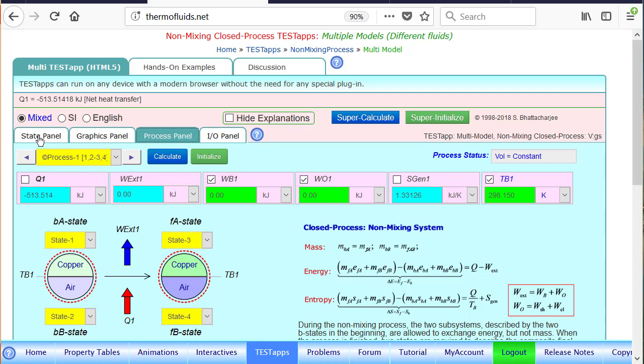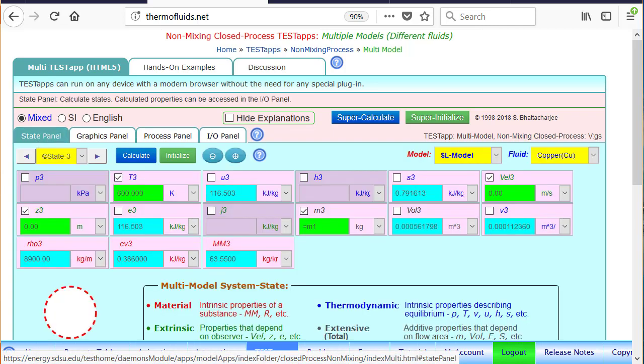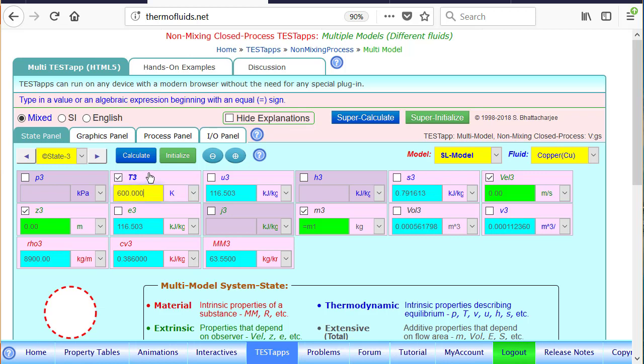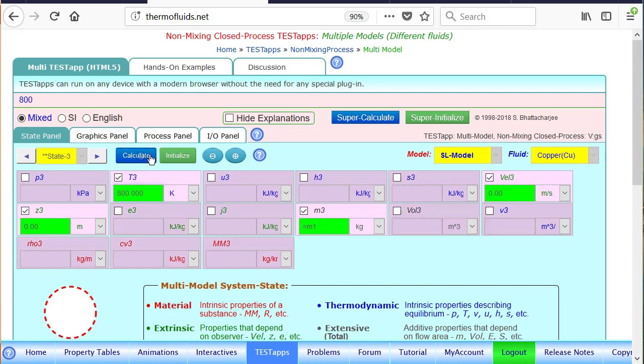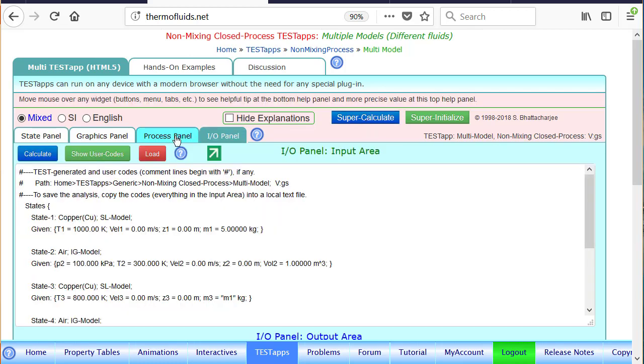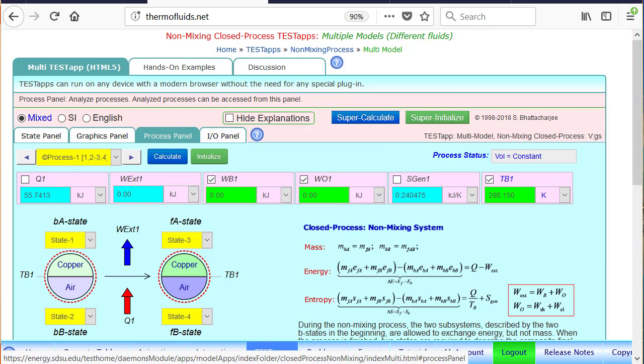So let's assume the final temperature is higher than that, so that no heat loss is necessary for equilibrium. Let's say the final temperature is 800 Kelvin. With that, if I calculate and super calculate, go back to the process panel, yes, Q is positive, and it's not too much positive, only 55. So obviously 800 is a better answer than 600 Kelvin.